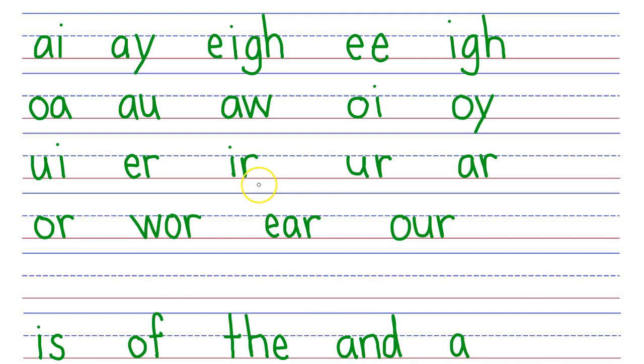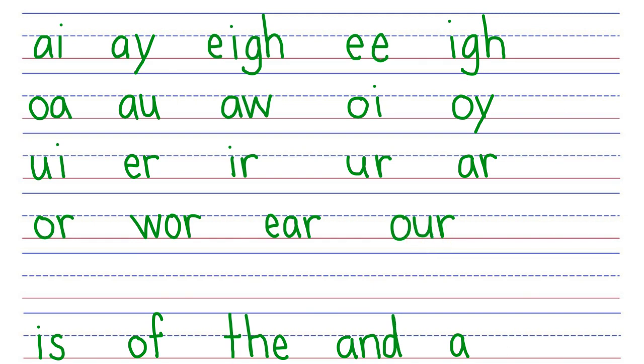IR says, UR says, AR says, OR says, WR says were. 3 sounds of EAR, ear, air, er. 2 sounds of OUR, our, or.